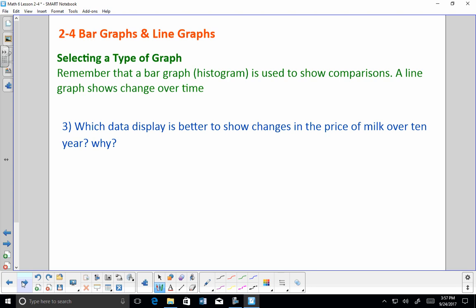So I would say a line graph here would be the best display because it's showing how much milk changed over time, because a line graph shows change over time. In this case, it's over a period of 10 years.